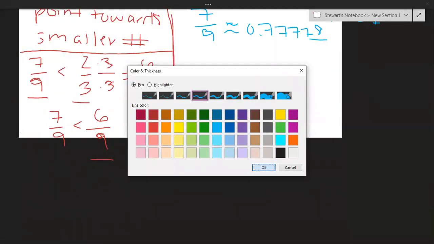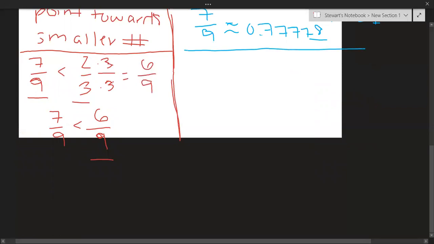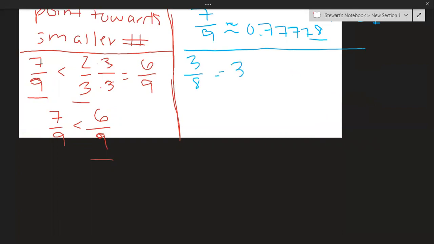Okay, so finally we have 3/8. Same thing, you can think of this as 3 divided by 8. So 3 goes in the division house, 8 goes outside. 8 can't go into 3, it goes in 0 times, so make note of where that decimal point sits.